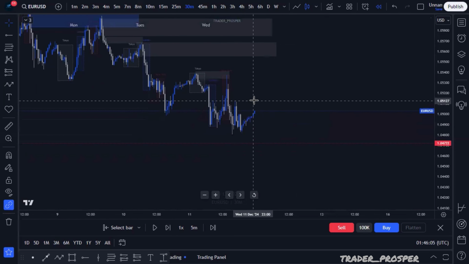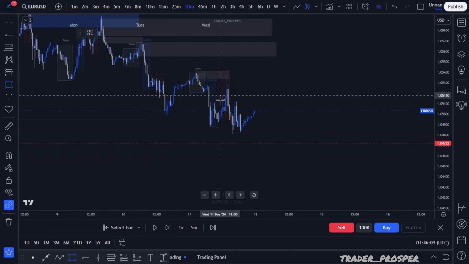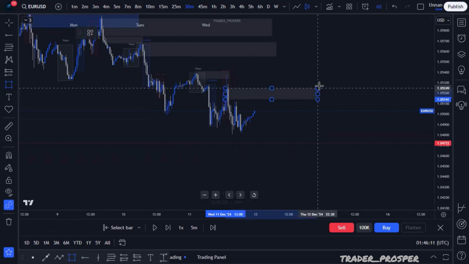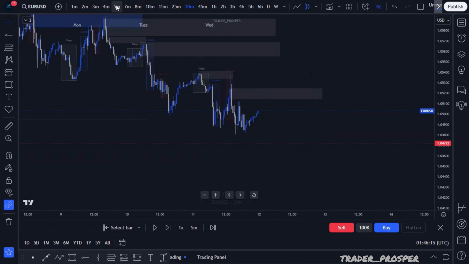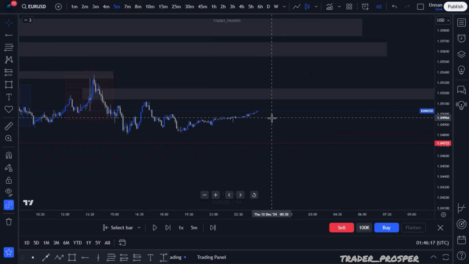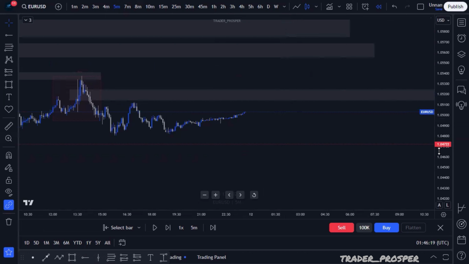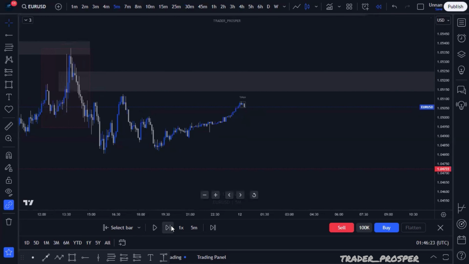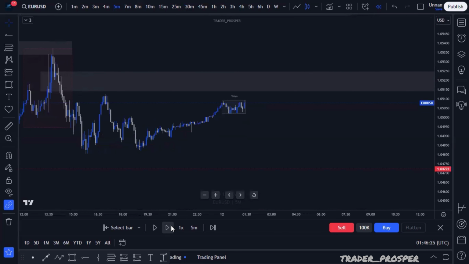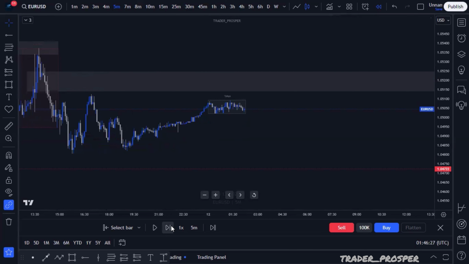If we're analyzing this, there was this supply here. Price needs to come into the main gate. So I'm expecting price to come back into that supply zone to mitigate that supply for a Thursday trade opportunity. So let's see if it actually works out.